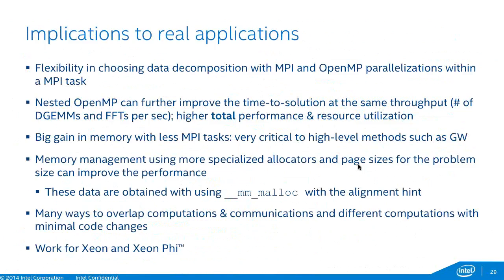So what does all this mean to us? Going back to our initial goal, in fact, we have really flexibility in choosing data decomposition with MPI and OpenMP, because the two programming models have very different characteristics. MPI starts with distributed data, which means that you don't own everything, versus the shared memory model, where you own a lot of things together.